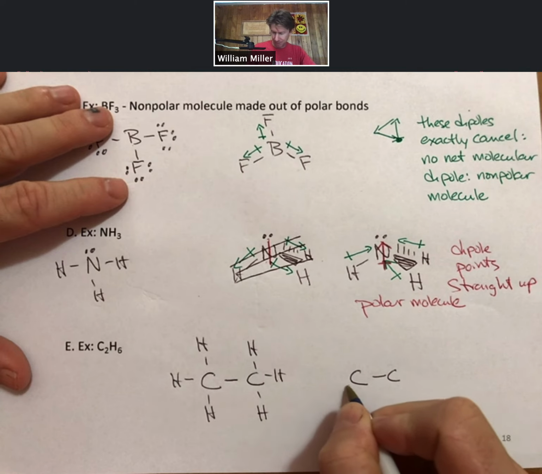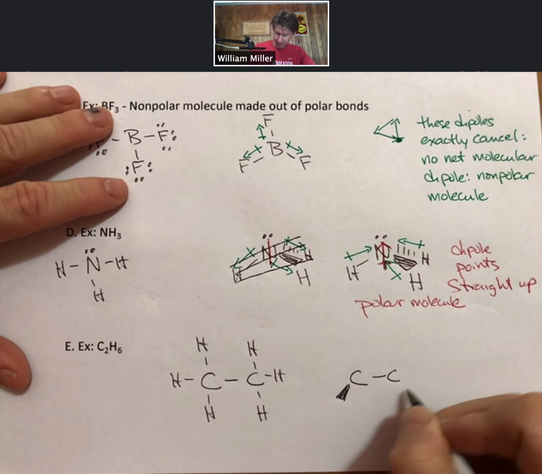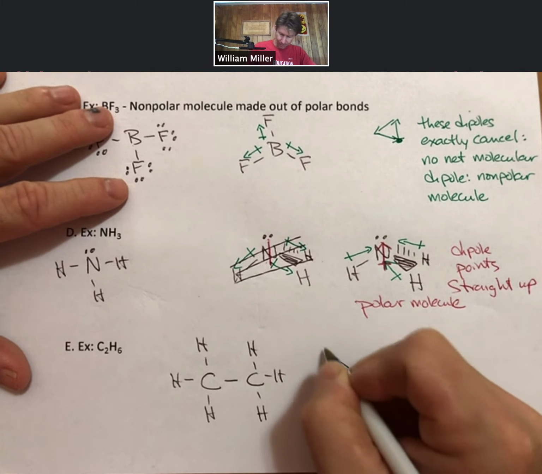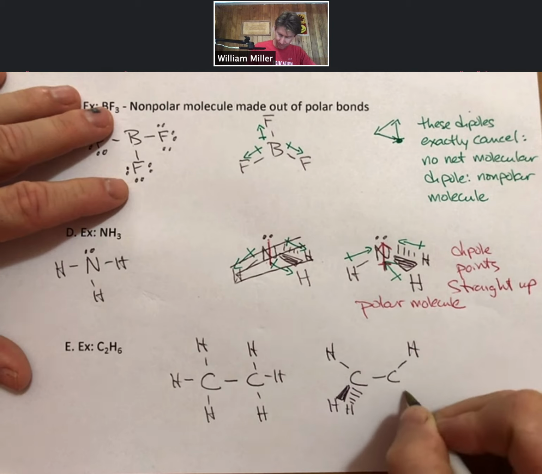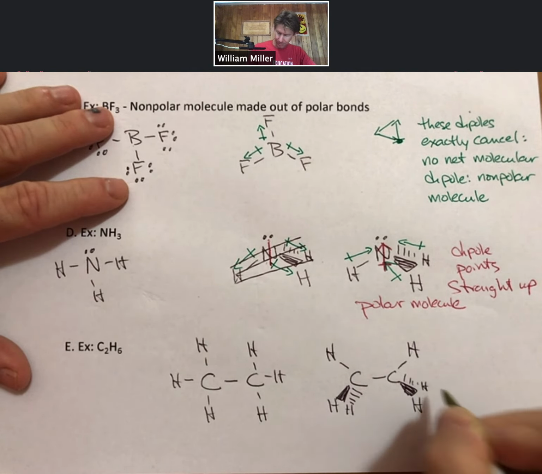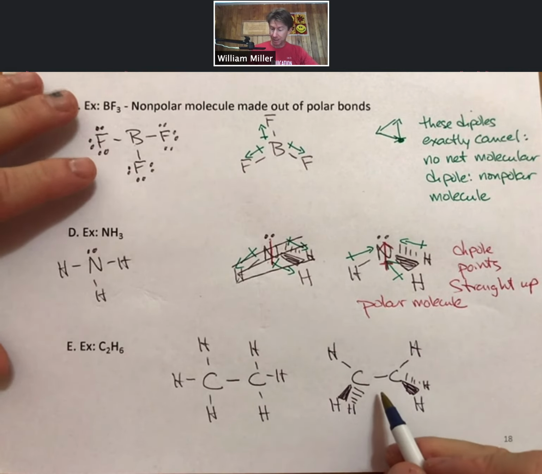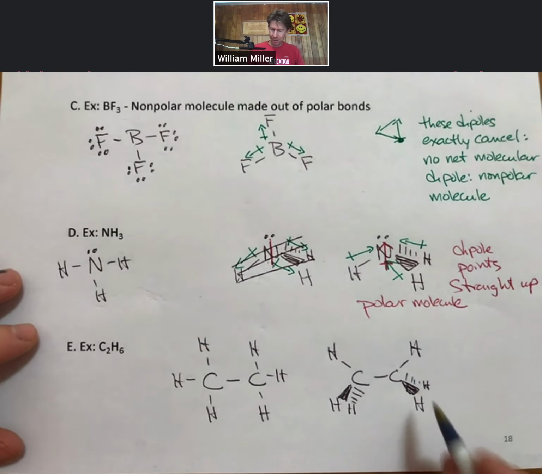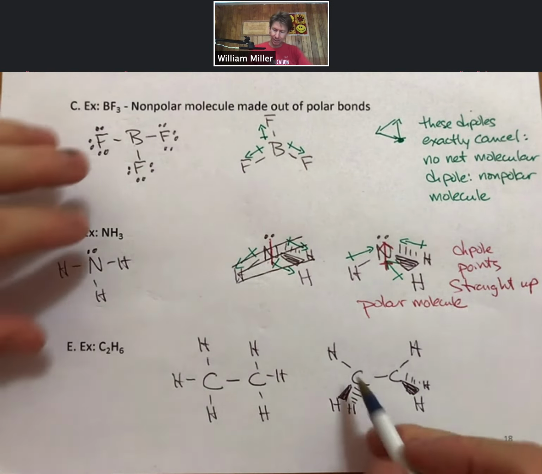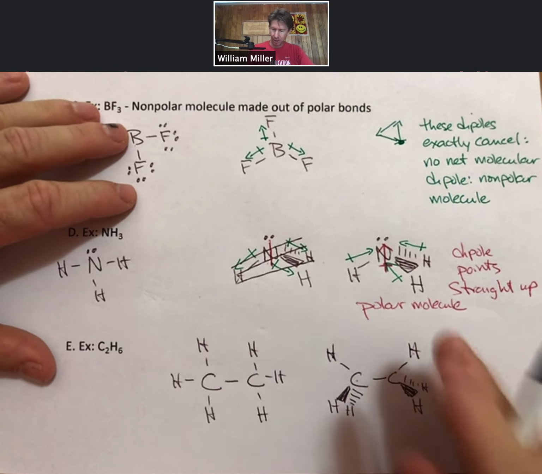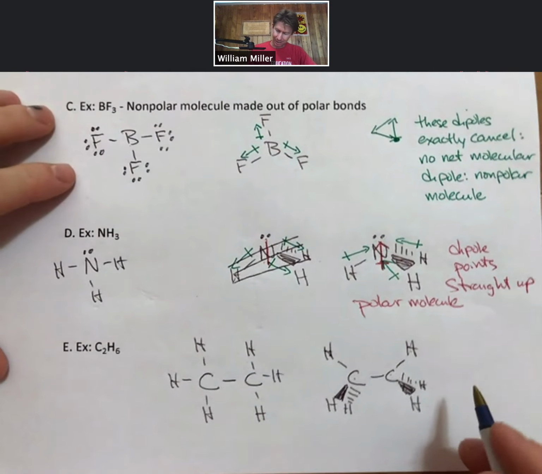Make sure I do it right. So, this is a double tetrahedral. It's got two H's coming out of the page at you. It's got two H's going back behind the page. And then this H, C, C, H are flat in the plane.